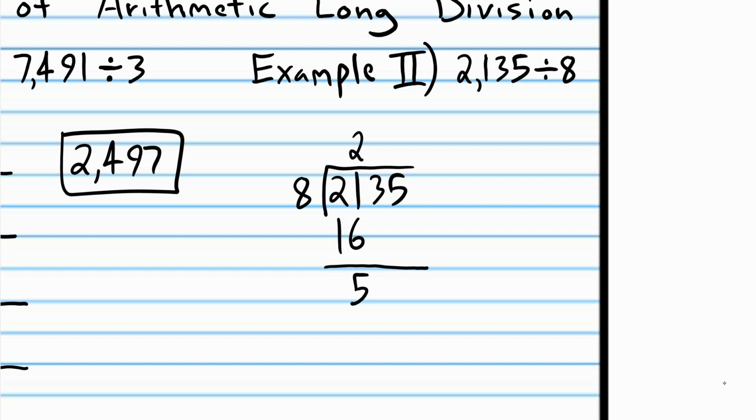Now we start the cycle over again, but first we have to bring down 3. Don't forget that. How many times does 8 go into 53? That's step 1 of cycle 2. It goes in 6 times. I'm going to put the 6 here. Step number 2, multiply 8 and 6, and we get 48.